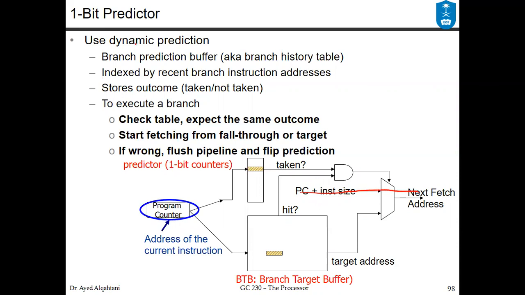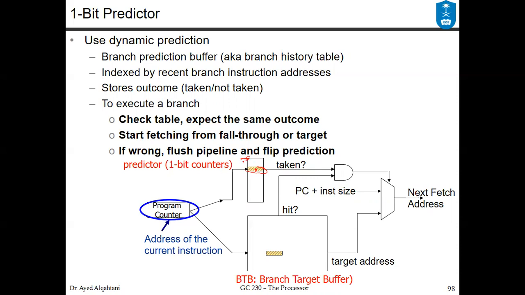So using the dynamic prediction, the branch prediction buffer or the branch history table should be filled for each branch. Let's focus only on one branch, which means it's 1 bit, because this is a 1-bit predictor. So it's 1 bit in a big vector. This vector has many locations.